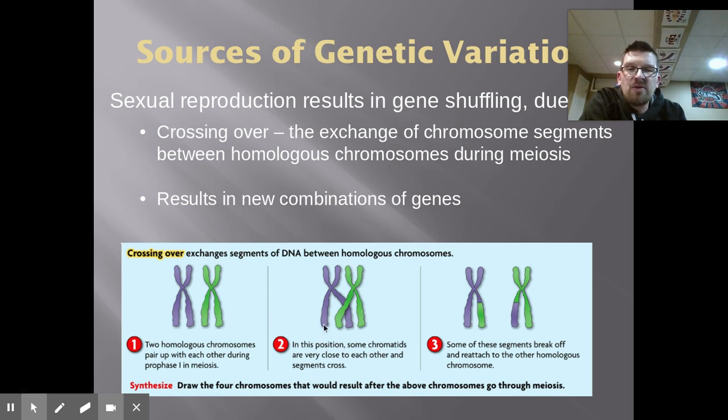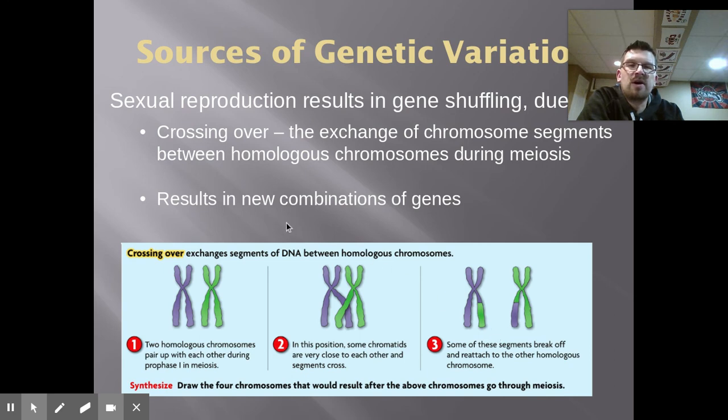As it says here, you can see sometimes these things become entangled, and then they break off, and they actually crisscross the information they carry. So this information would come from different parents. Therefore, we would have whole different combinations of chromosomes that could be created.